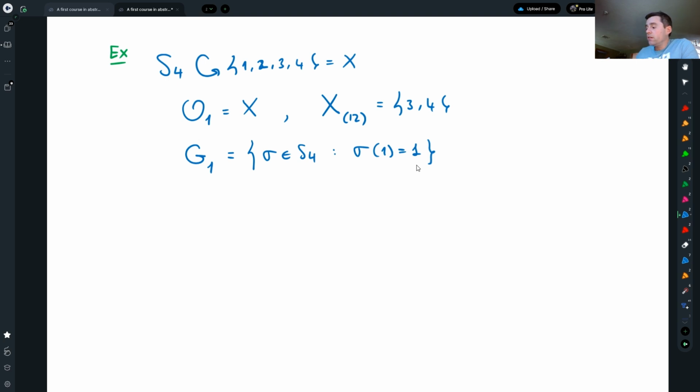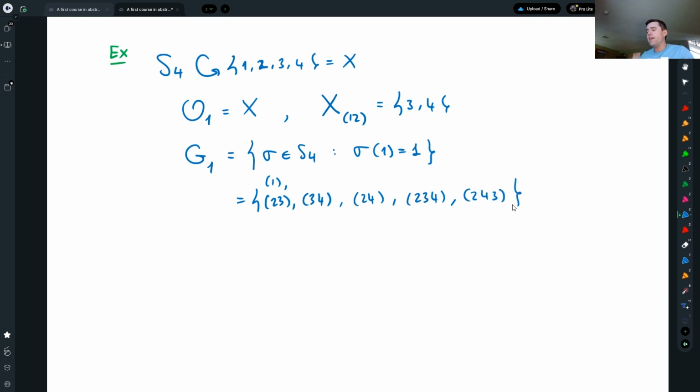It just has to fix 1. So for example (2 3), or (3 4), or (2 4), those fix 1. The identity fixes 1, right? And then we have also things like (2 3 4) or (2 4 3).